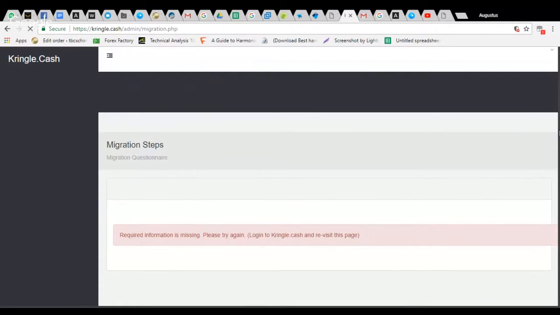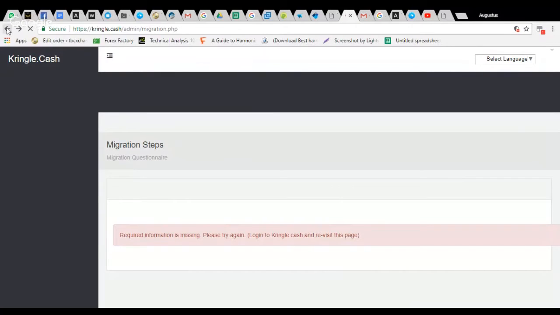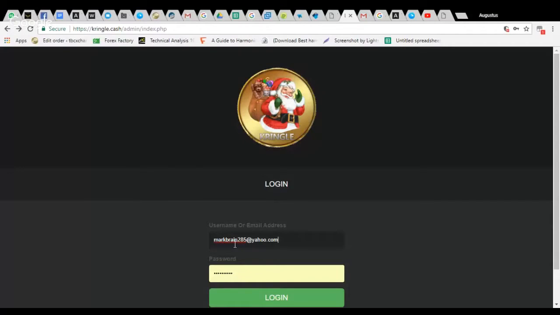More issues here. Whoa, it's loading now. Have to reload.